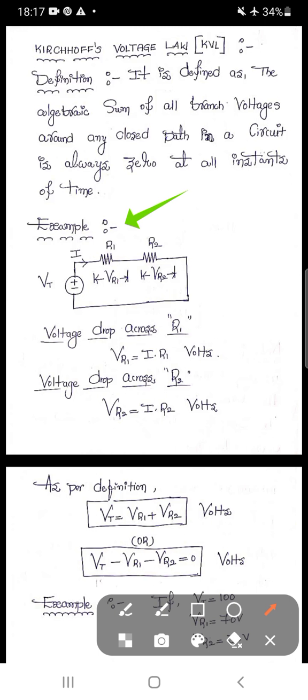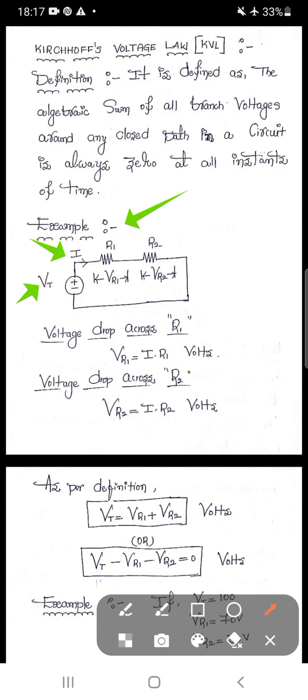R1 and R2 are connected in series, and a current I flows through the series combination of R1 and R2. Whenever this current flows through R1 and R2, there is a voltage drop across them.